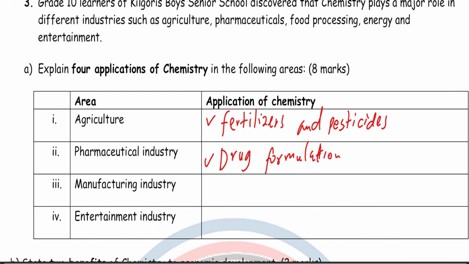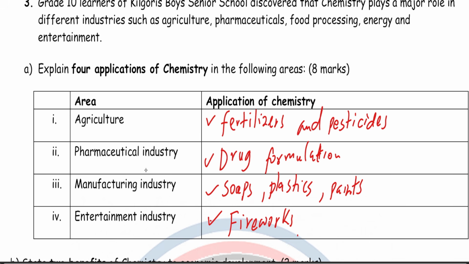The third one is the manufacturing industry, application of chemistry. For the manufacturing industries, a lot. We create soaps, we create plastics, we create paints that usually are manufactured in those industries, and etc. Also have iron sheets and etc. Entertainment industry, I think this one you know. So we apply chemistry to create fireworks.